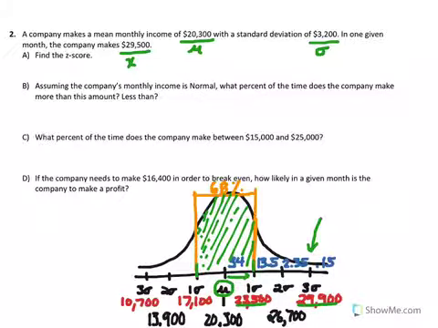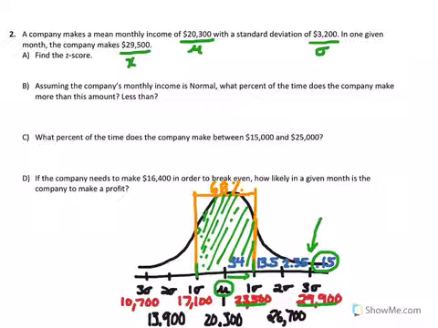So as we break that down, we know between two standard deviations, the area under the curve is 95%, and then 99.7% between three standard deviations, leaving us with this 0.15% out here beyond three standard deviations.